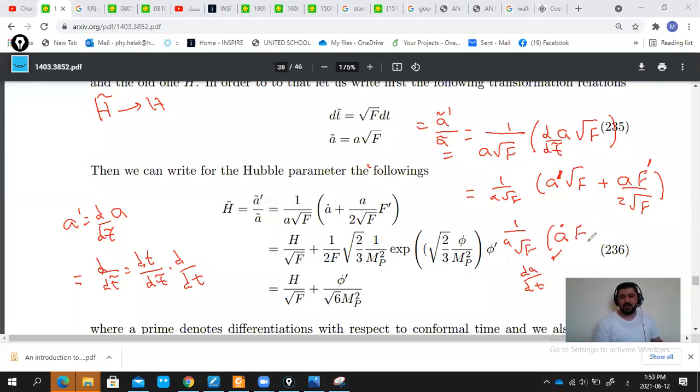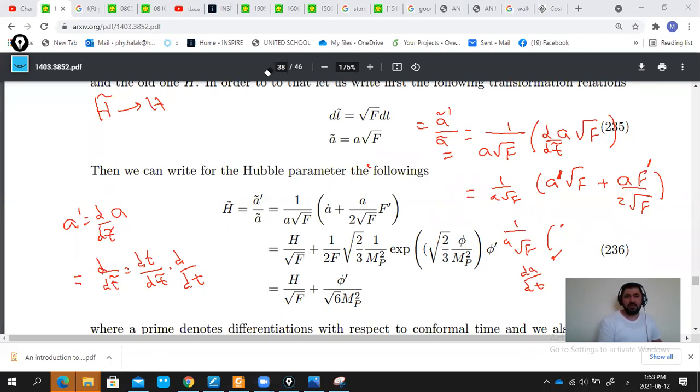I hope that I didn't make a mistake. I'm sorry, you have the square root of f, and you have 1 over, I'm sorry here, because we need dt over dt tilde, so that's 1 over the square root of f.